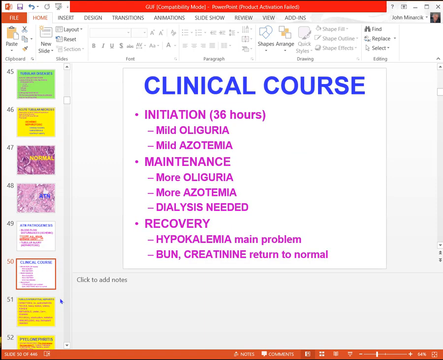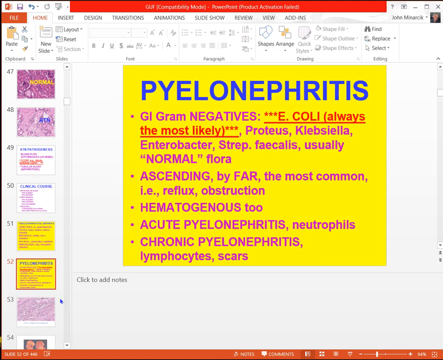Okay, now we're going to go to 52. Well, we talked about the so-called ascending urinary tract infections from the enteric gram-negative bacteria.